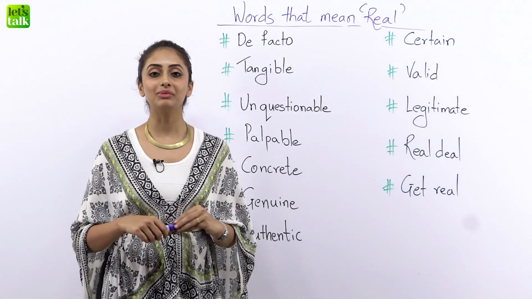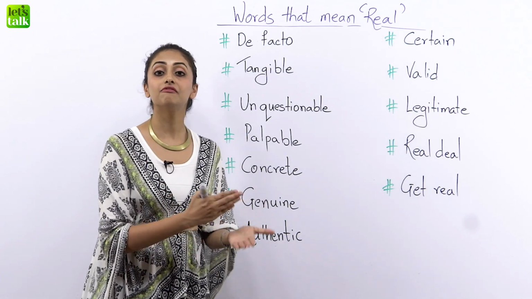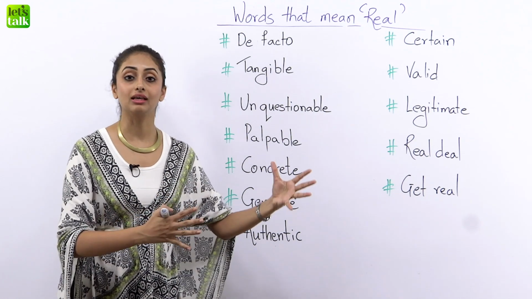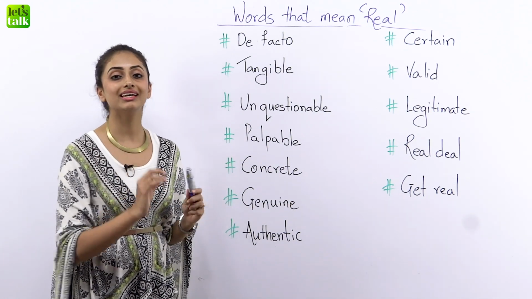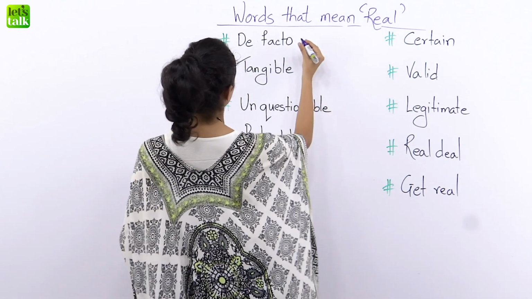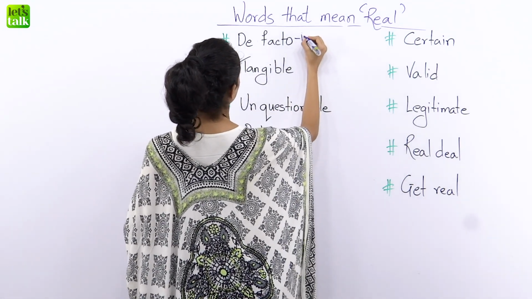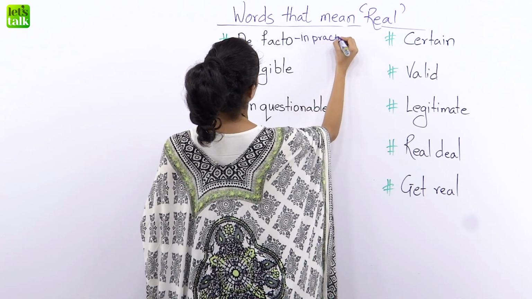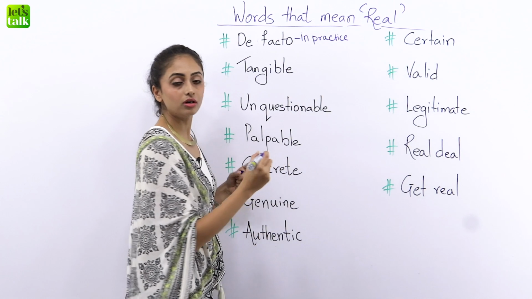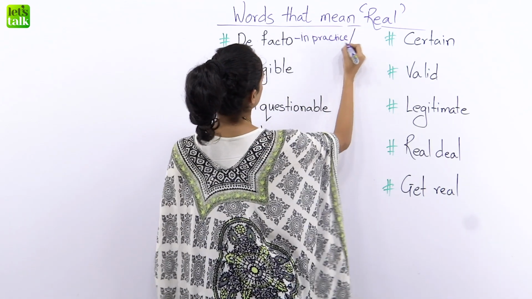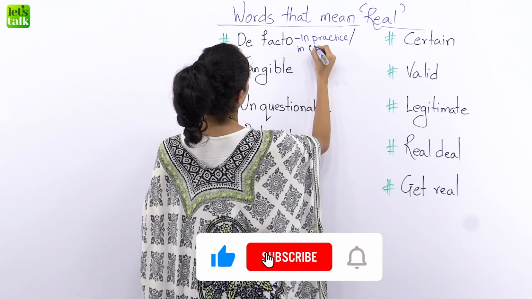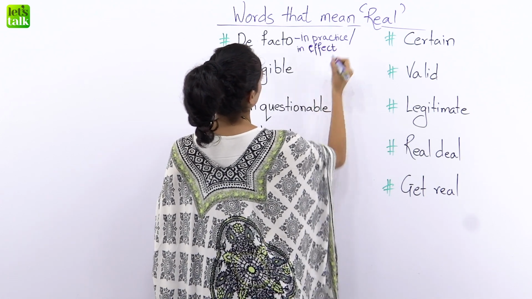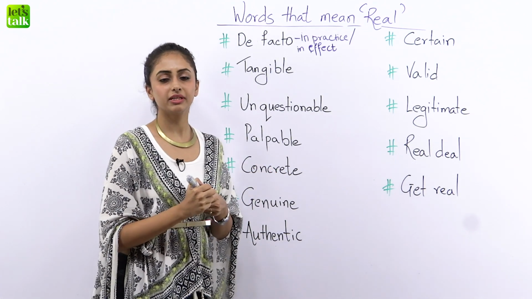Now, de facto means things which are in effect at this point of time, are currently working, and that is what you mean when you say de facto. So, de facto means in practice, or in effect. So what all things can be de facto?